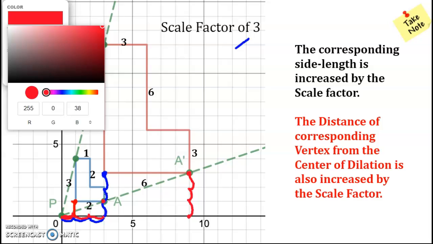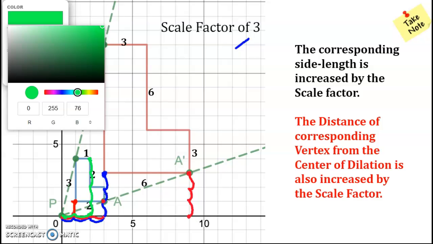Okay, how would you get this point? I know that to get to that point, I moved 2 to the right, and then 1, 2, 3, 4 up. So instead of going 2 to the right from the center, I am going to go 2 times 3, which is 6.